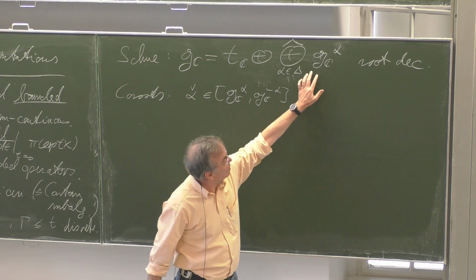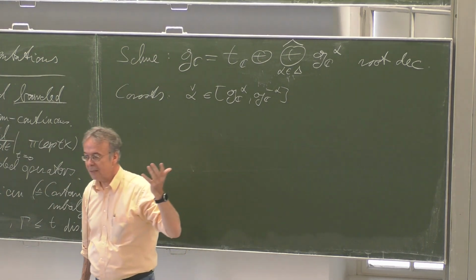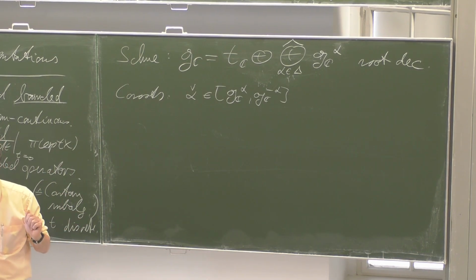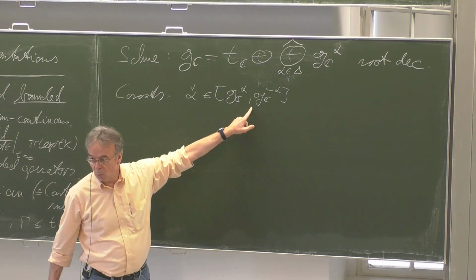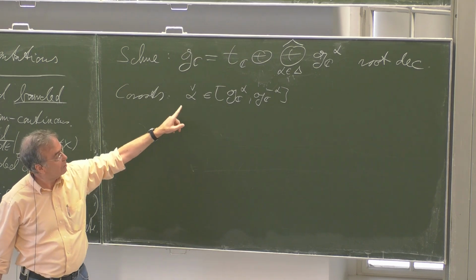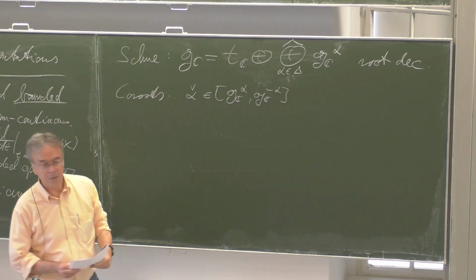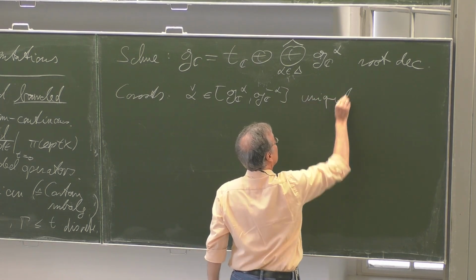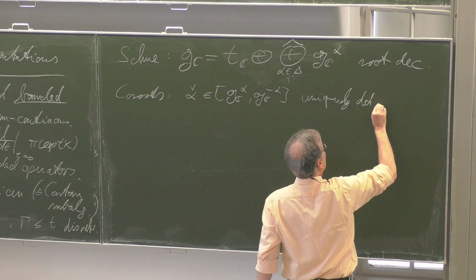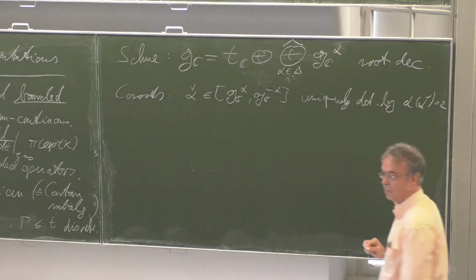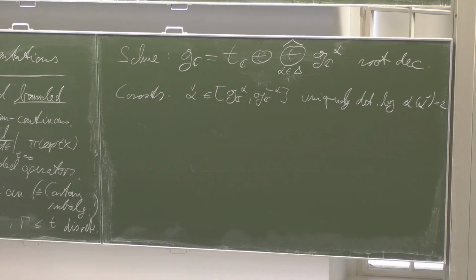So whenever you take a root space, take the corresponding negative, you generate a three-dimensional complex Lie algebra isomorphic to sl2(C). So this space will be one-dimensional. So if I want to say what the co-root is, I only have to say what the value of the root is on this element. This is uniquely determined. Alpha of alpha check. One way to specify co-roots.